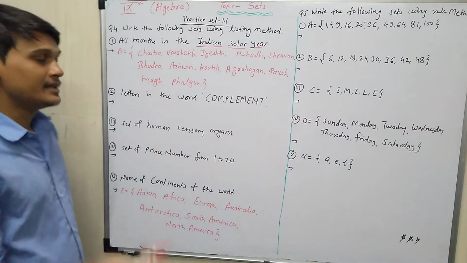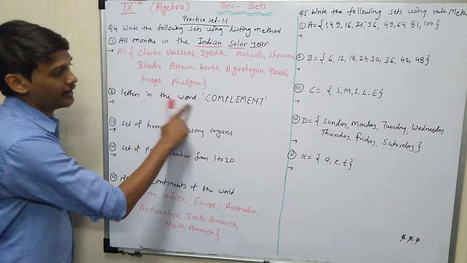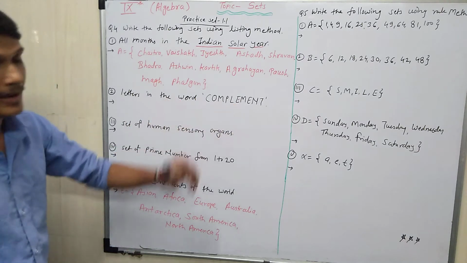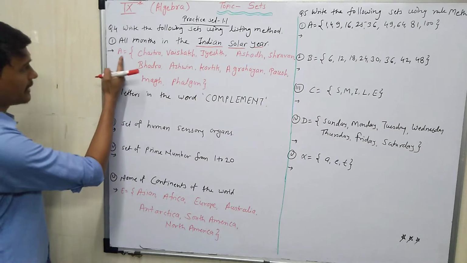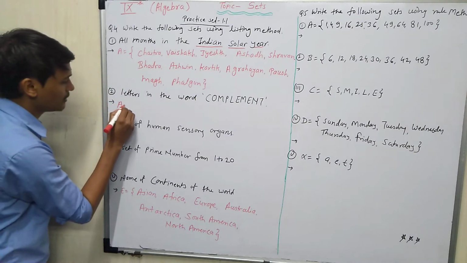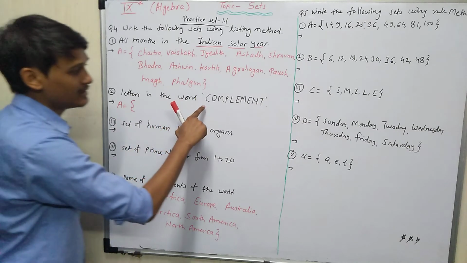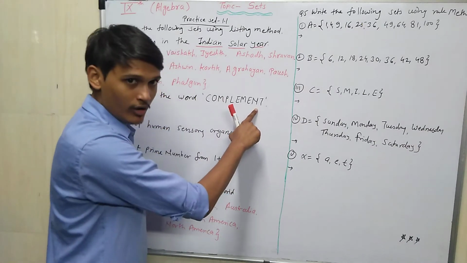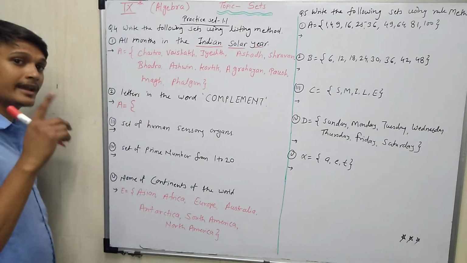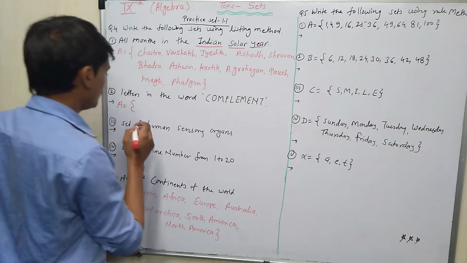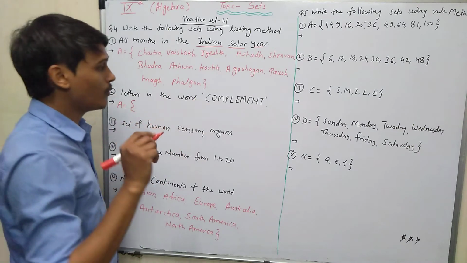Got it? Second question is letters in the word complement. Understood? How to write it down? First write a set. A is equal to and bracket. These are elements. You know, an element repeated two times we write down only once.